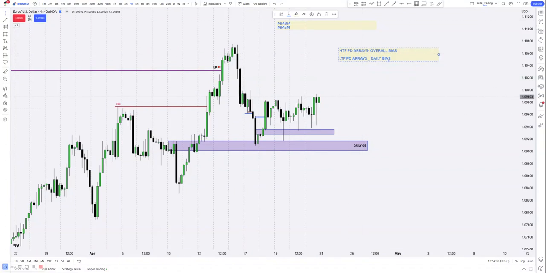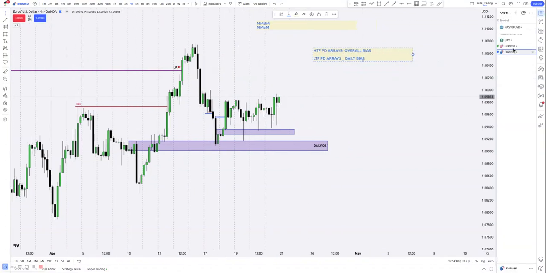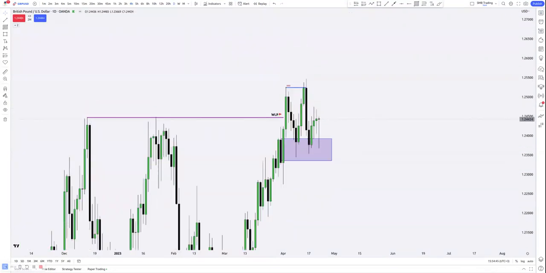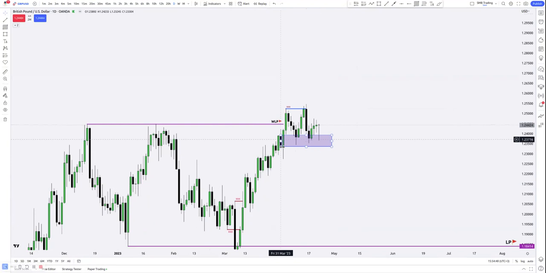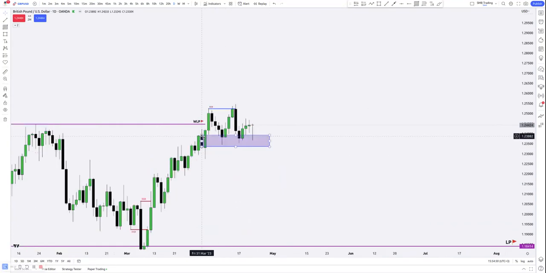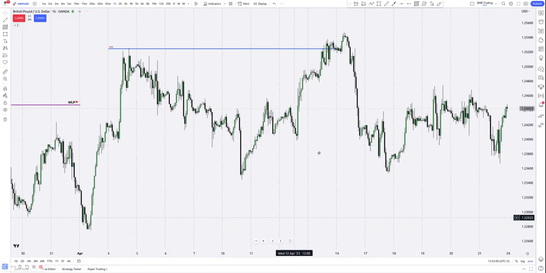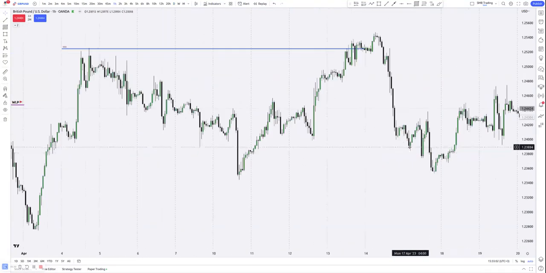All right. Let's see if we can see something on the British pound. So you can see we are in this structure. Price has failed to break it. Let me remove this so we can use the hourly time frame.